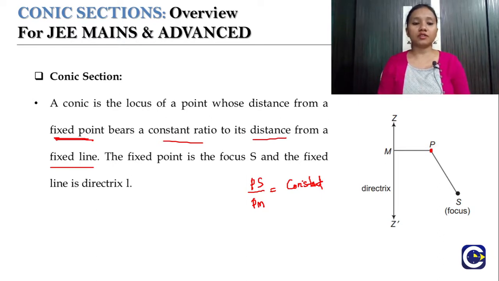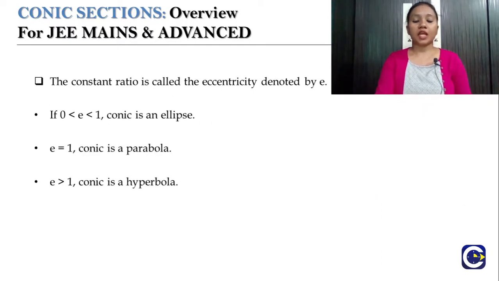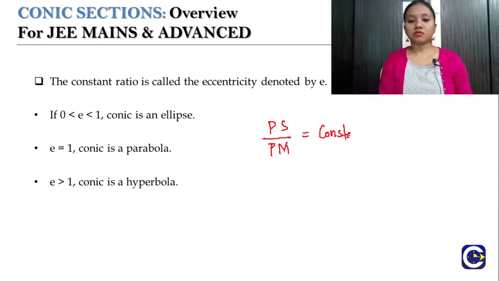I hope you are all familiar with this definition, because we have discussed it in our earlier conic sections too. That constant ratio is called the eccentricity of the conic section. So PS by PM is a constant ratio, which is nothing but eccentricity.